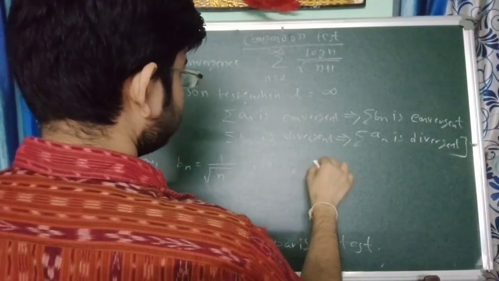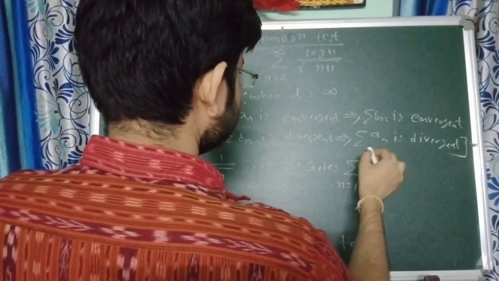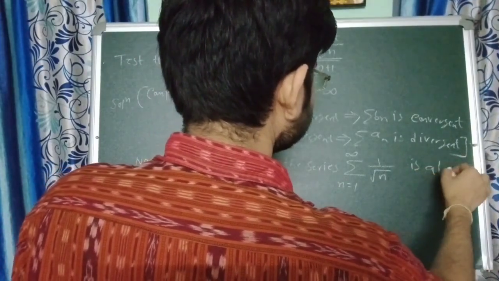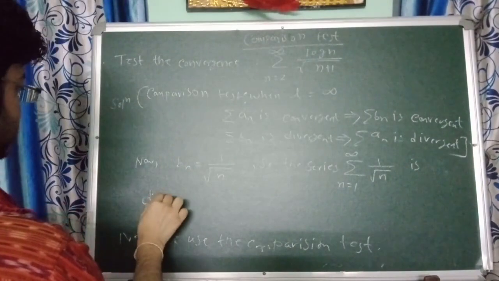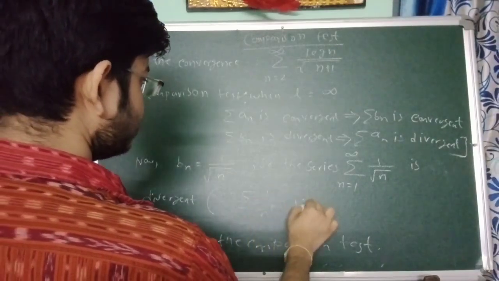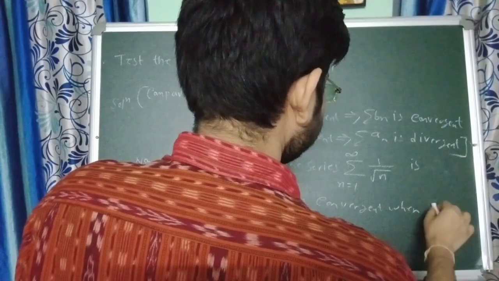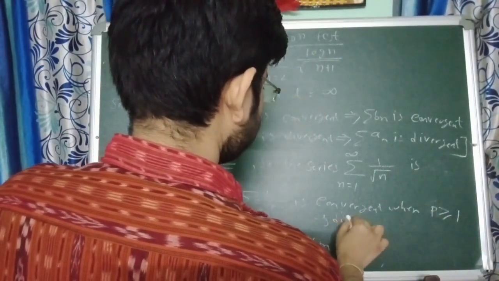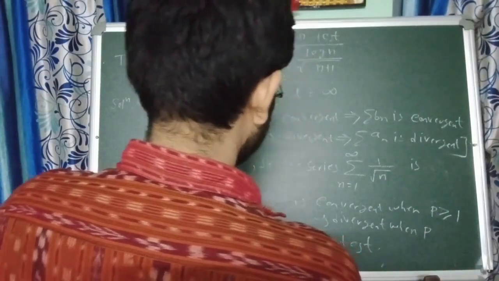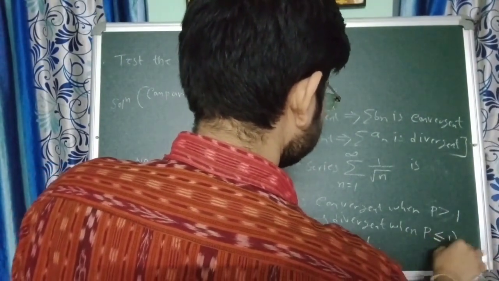So the series summation n equals 1 to infinity 1 by square root of n is divergent by the p-test, since summation 1 by n to the power p is convergent when p is greater than 1 and divergent when p is less than or equal to 1.